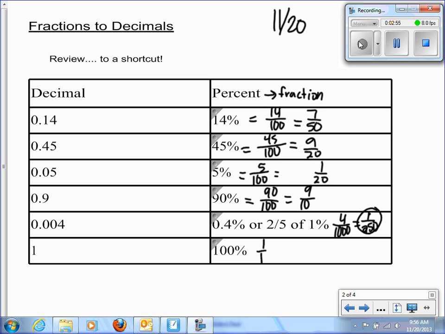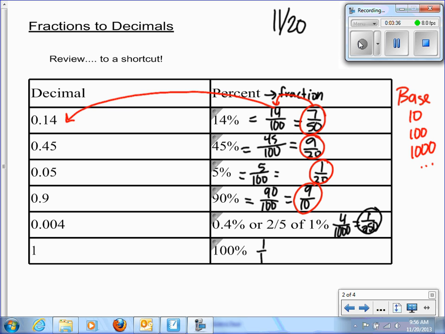Okay, now, back to today's topic, we're going from fractions to decimals. So that was all fine and good and fun. But let me tell you why I showed you this. It's because you can work backwards. You can take any of these fractions and get it to have a base of 10, 100, or 1,000, etc. If I expand 7/50ths and make it into 14/100ths, and I read that out loud, 14/100ths, then I can work backwards and say, oh, that's also 0.14.